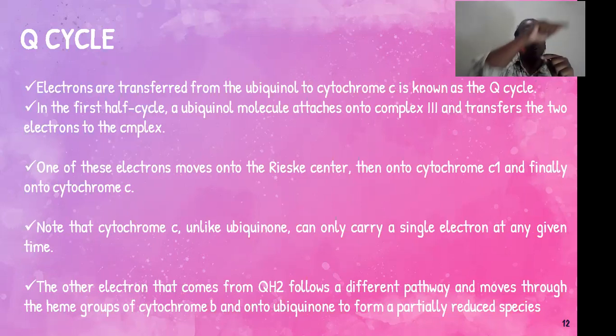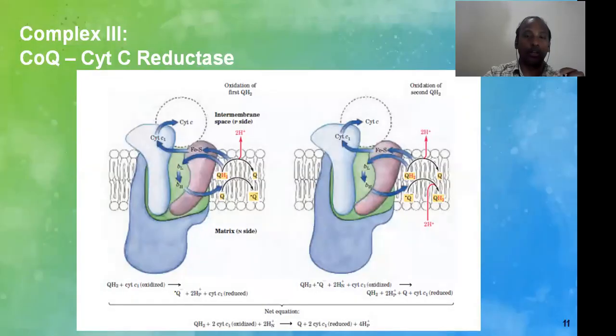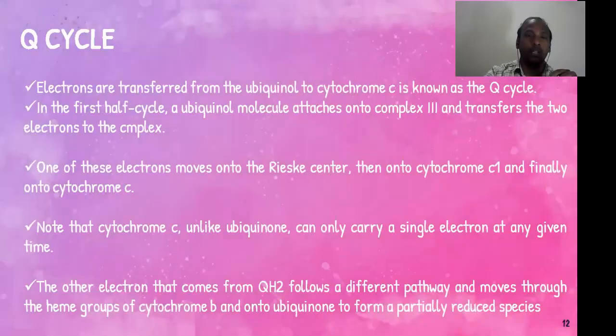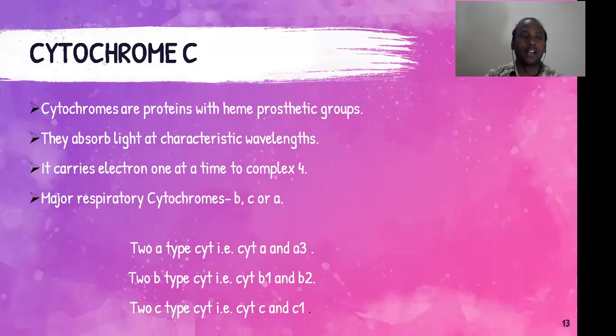So one pathway goes through the Rieske center, and the other pathway through the heme prosthetic groups. These are a few important points we should understand. You can see here, one pathway goes to the iron sulfur center, cytochrome C1 and cytochrome C. One more electron goes through heme BL and BH. There will be 2 pathways, and only one electron at a time is passed. So this cycle we call the Q cycle.